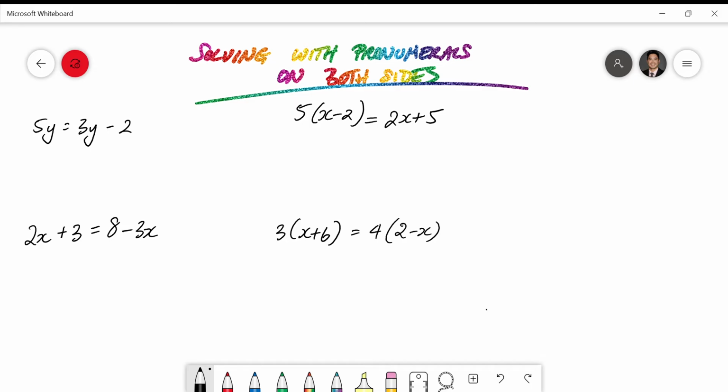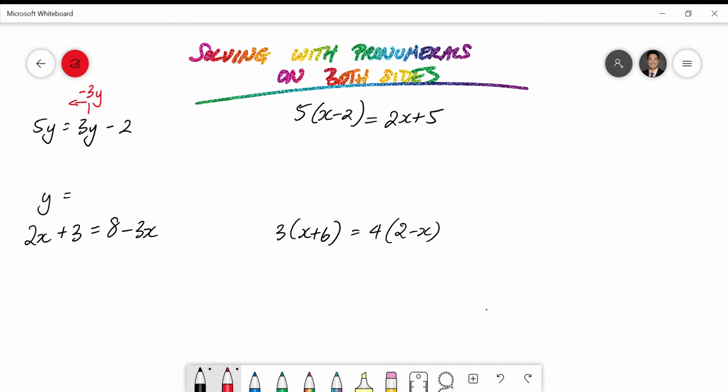Okay, so what we have here is 5y equals 3y minus 2. I do want y equals something in the end, okay? That's our goal. That's what we're wanting to work out. But the problem is we've got 3y on the right-hand side. And so we're wanting to move that across by subtracting 3y, okay?